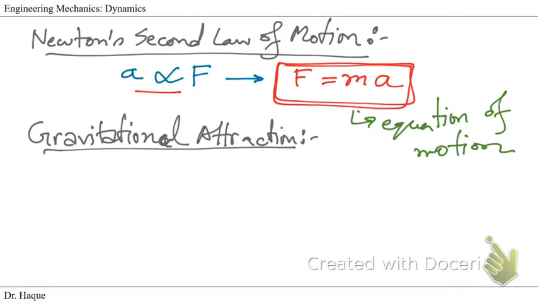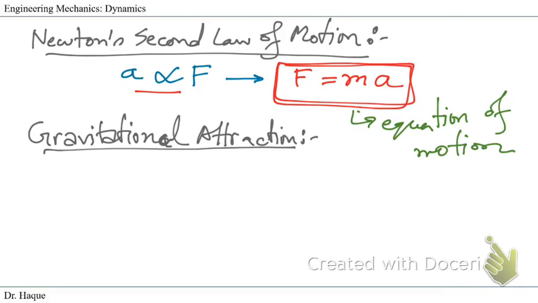Everything we throw upward goes downward towards the earth, because the earth is pulling us down. This is the gravitational pull that earth has on any object, and that's why we can walk on the earth. And if the gravitational pull is less, like on the moon, you see the astronaut was kind of jumping, because the gravitational pull of the moon on a man was lower than the earth. So this is an example.